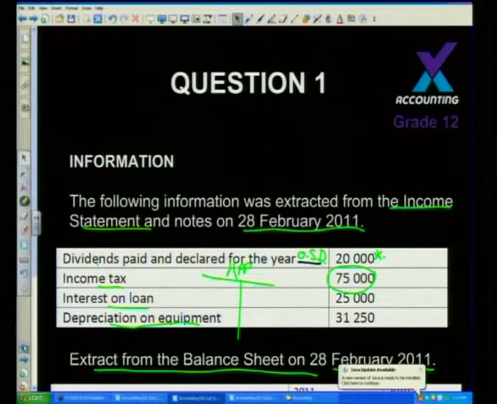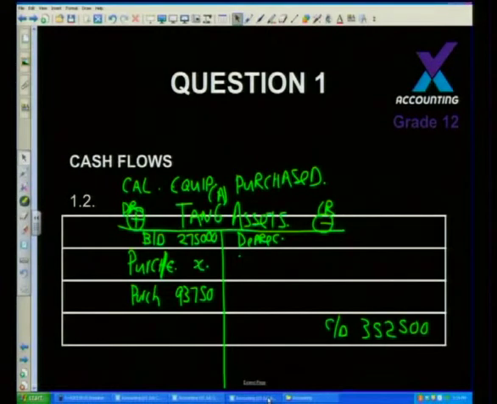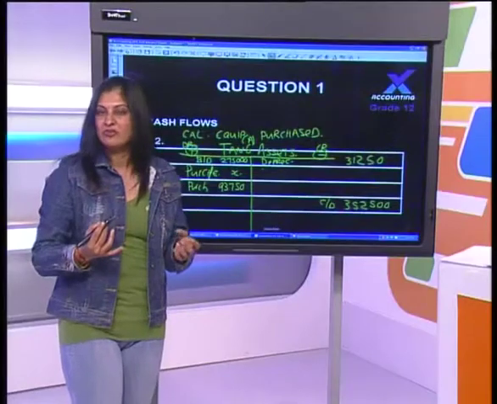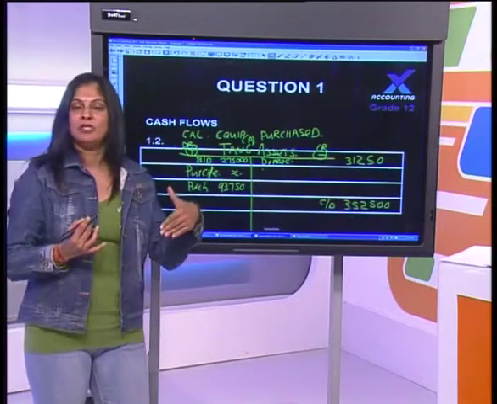There we go. Depreciation on equipment, 31,250. So let's take that through. Okay, so depreciation, an amount of 31,250.